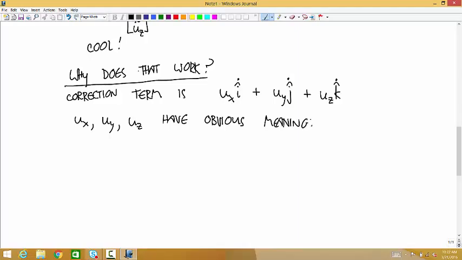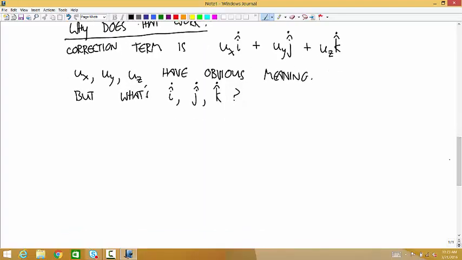The question is, what are i dot, j dot, and k dot? That's what's not so clear. So let's think about them. We're going to do this in 2D. This same approach works in 3D, but you have to think of angles, and it gets complicated. It's easier to think of it in 2D and just convince yourself you believe that this is true.